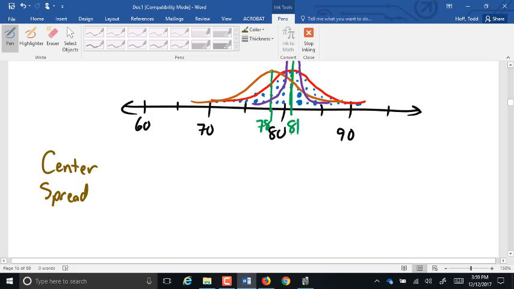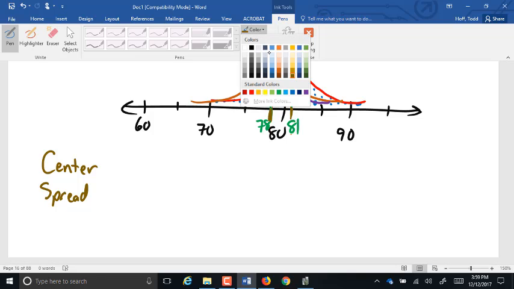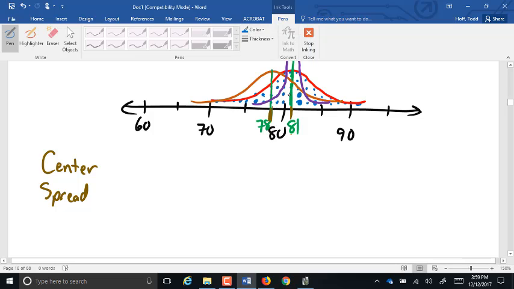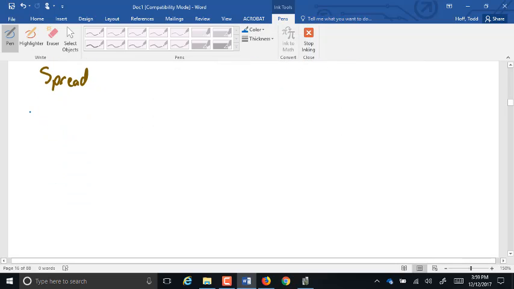The center literally describes what number on this number line the center of the curve is above. The spread describes how wide the curve is. Now, there are several different ways of describing center and spread. So let's look at measures of center first.